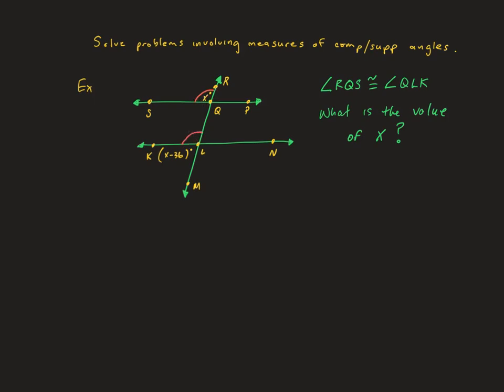What is the value of x? Well, if they're congruent, then they're equal. So I should be able to do some substitution. I should be able to substitute x degrees right there.